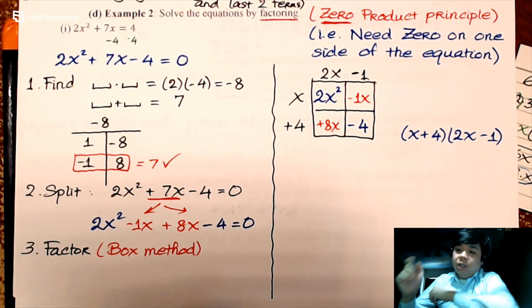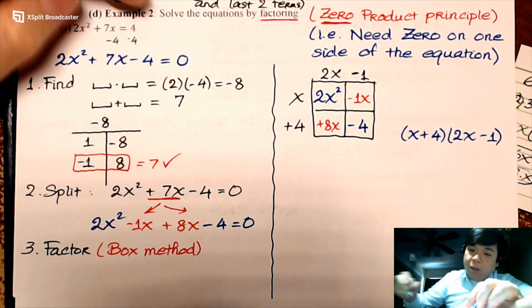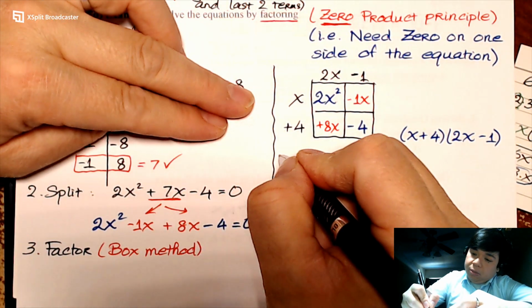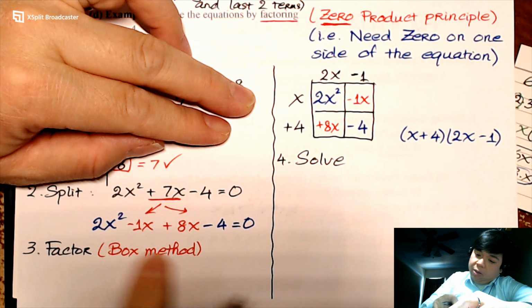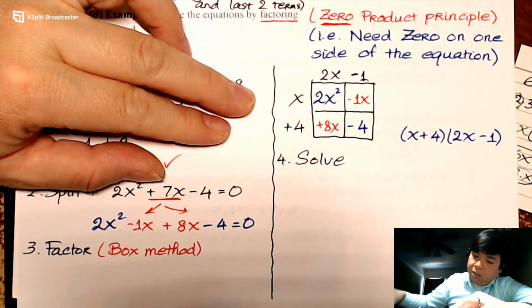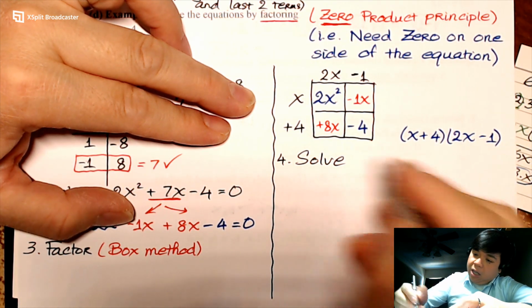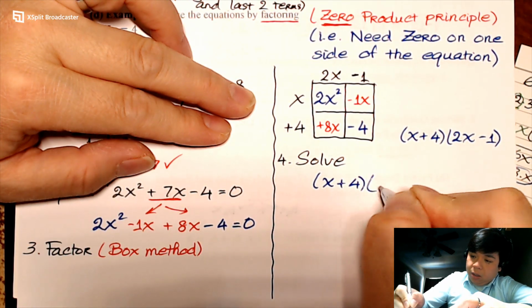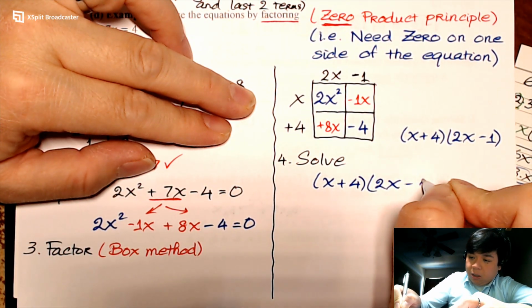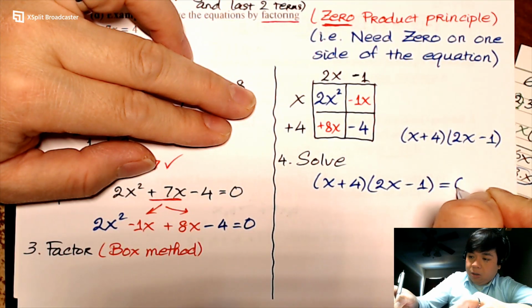And then finally, we have to solve the equation. So the last step is we solve, and from here we can write x plus 4 and 2x minus 1 equal to 0.